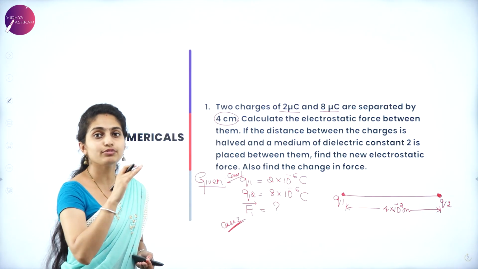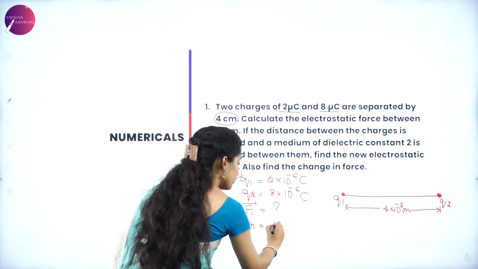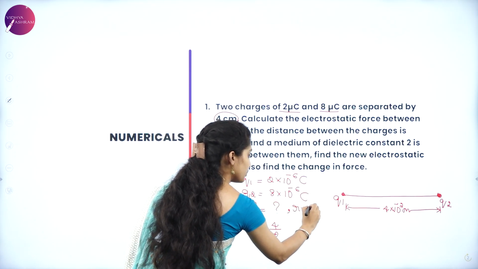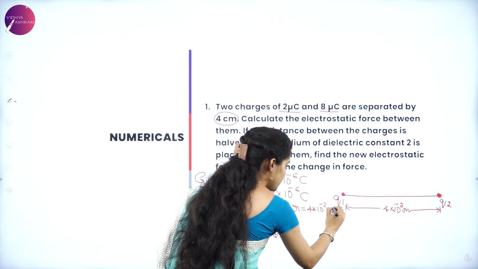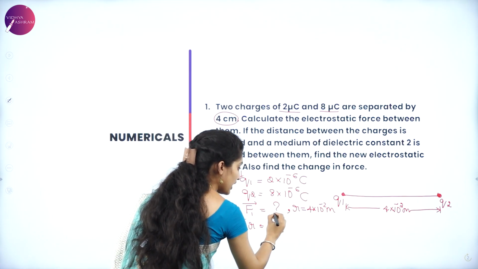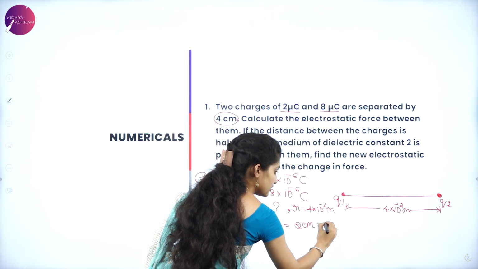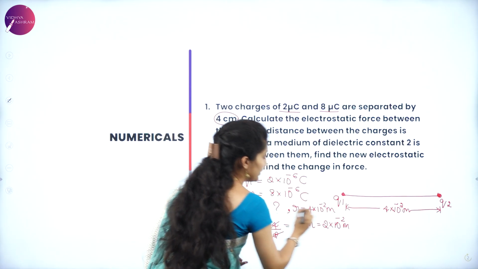You have to halve the distance, that is R is equal to 4 divided by 2. But here in case 1, your R is 4 into 10 to the power of minus 2 meter. So R is equal to 4 by 2, again you will have 2 centimeters. So you can write your 2 centimeters as 2 into 10 to the power of minus 2 meter.